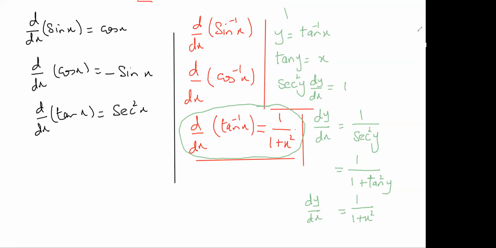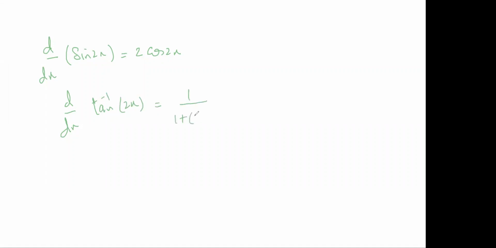As you know, when you had to differentiate, for example, sine 2x, it was 2 cos 2x. Now if you have to differentiate, let's say, tan inverse of 2x, that will be 1 over 1 plus 2x squared, and you will have the derivative of 2x over here, that is 2.